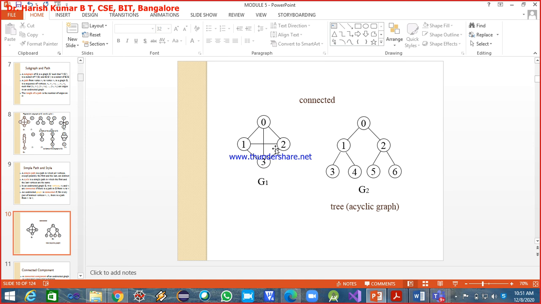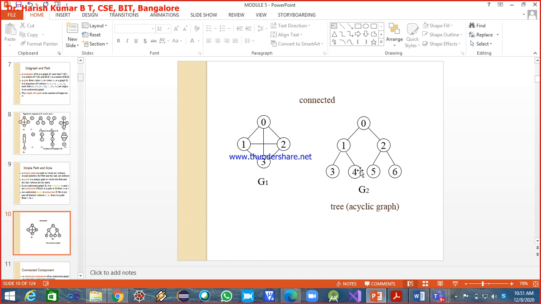This is undirected but a connected graph. To be more meaningful, it's a complete undirected connected graph, and this one is incomplete.